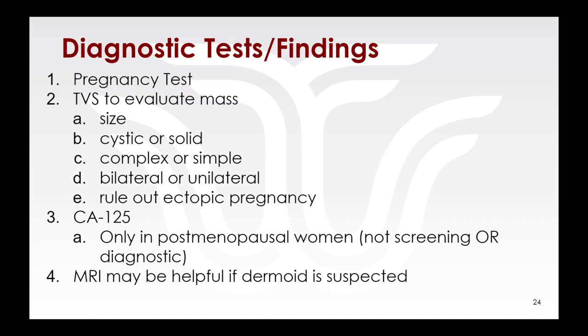Okay, so if this woman did not have a mass, we are not doing a CA125. If she has a mass and an elevated CA125, that is not diagnostic for cancer. They're just pieces to the puzzle, right? So this woman still needs a transvaginal ultrasound.